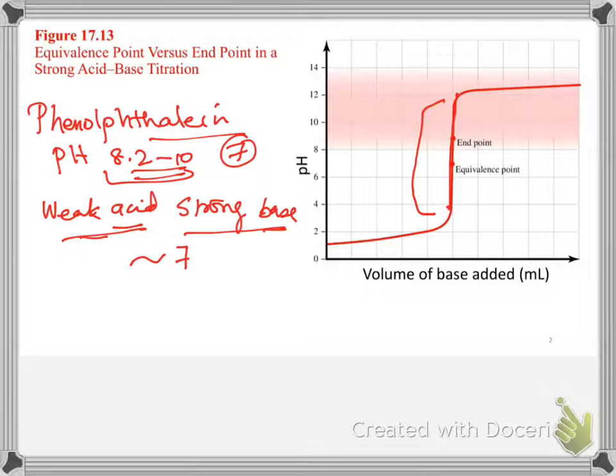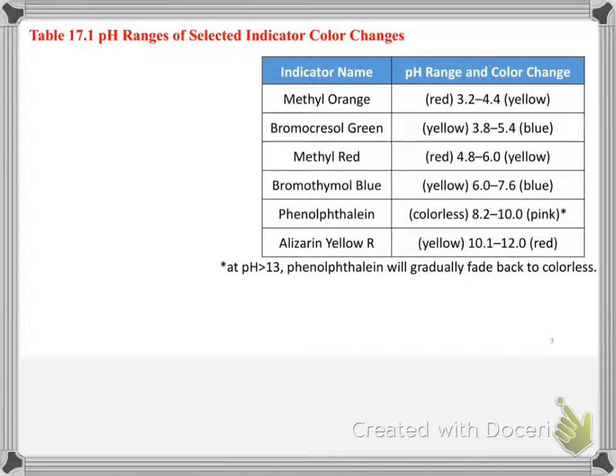Again, the indicator should change the color within this vertical portion of the titration curve. So therefore, we're going to use the appropriate indicator. So these are the pH ranges of selected indicator color changes.